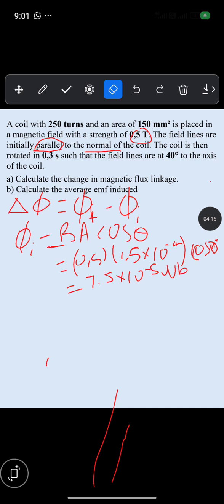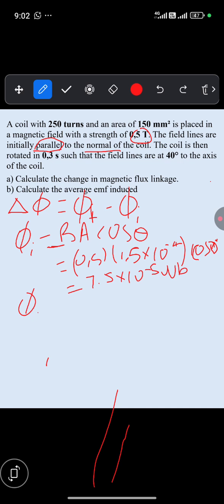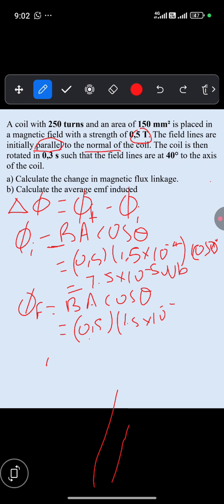Then we calculate the final flux. The final flux is equal to BA cos theta. B we still have 0.5. The area we still have 1.5 times 10 to the power negative 4.